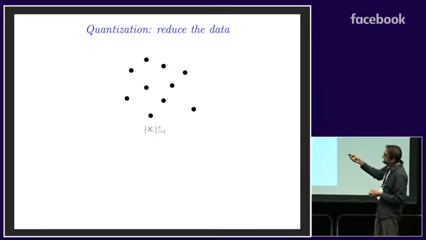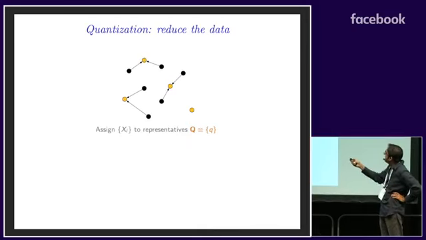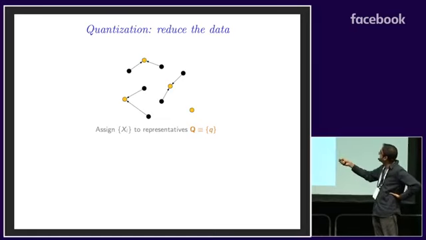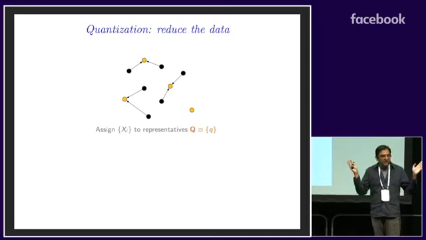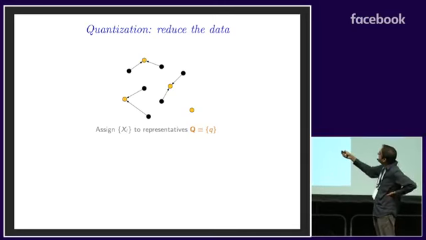So the idea is you've got this big data set. You pick a few of the points, which are shown here in yellow, okay? Those are the only ones you're going to keep. Let's call them Q. Everything else is going to get thrown away. But before we throw the other stuff away, we assign each of them to their closest selected point, to their closest center.